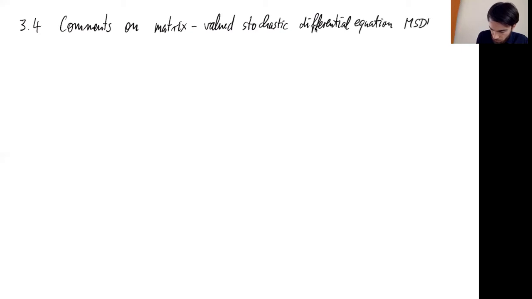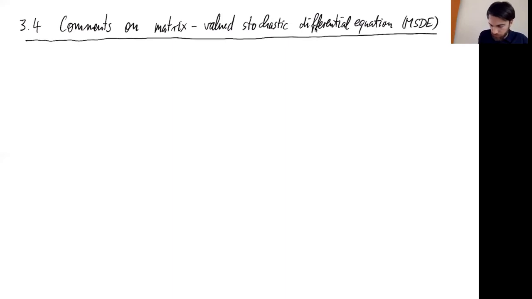I think I used the shorthand MSDE. And I just want to recall the beta equal to 1 case. So we had two things here. So the MSDE looked as follows.